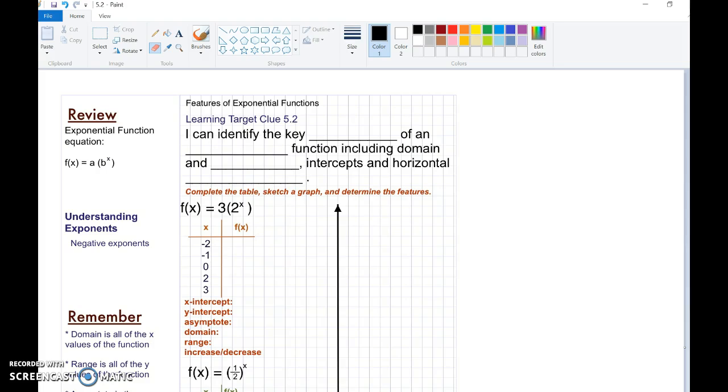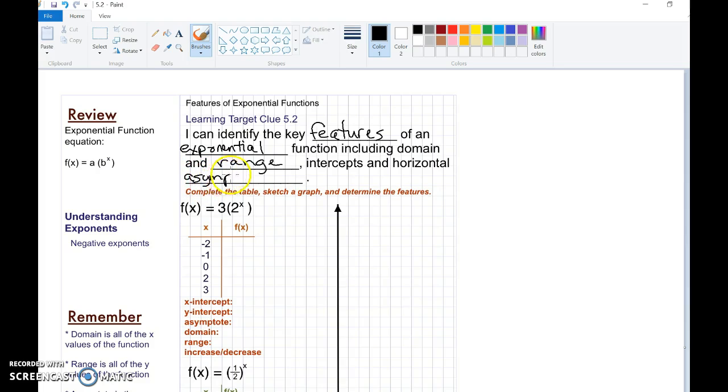Clue 5-2 from case 5. Let's go ahead and fill in our learning target. I can identify the key features of an exponential function including domain and range, intercepts, and horizontal asymptote.